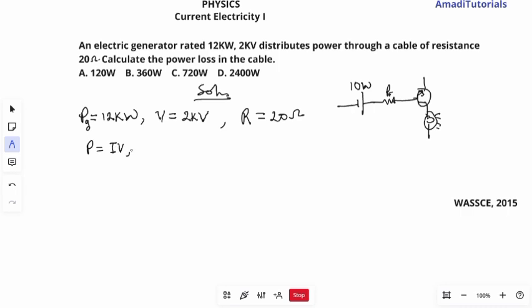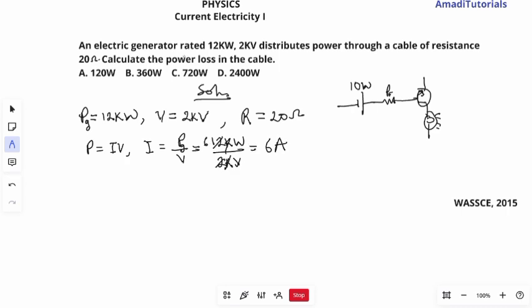If you make I the subject, I equals P divided by V. So our P here is 12 kilowatts, and our V is 2 kilovolts. Kilo will cancel kilo. 12 divided by 2 is 6. So the current is 6 amps.